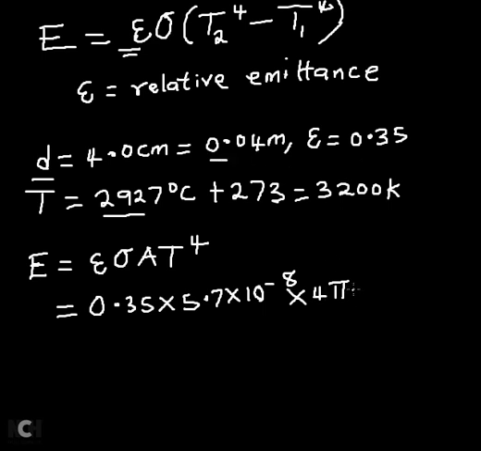So I have 4 times 4 pi times 0.02 squared.